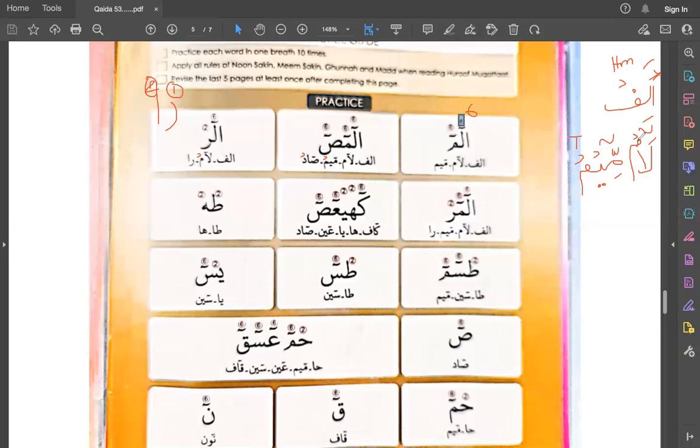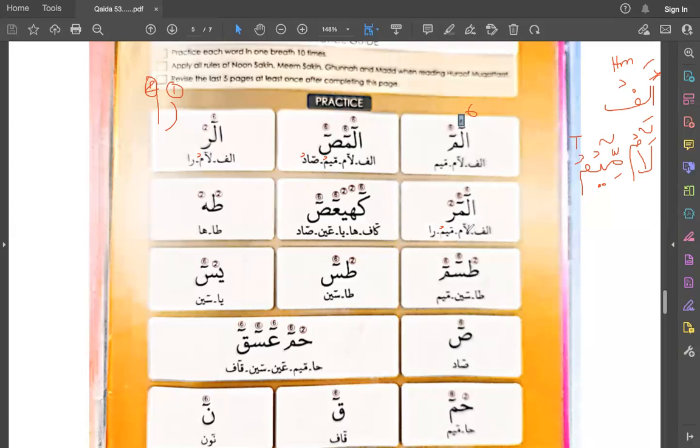Then there is mim sakin, and after mim sakin there is mim, so we will make idgham shafawi, and it will bring gunna too. We will give sufficient time, and then we will make this mim 6 counts long too, because this is just like madd lazim. And then there is mim at the end and ra at the beginning. So which qaida will be here? Idhar shafawi. Good.